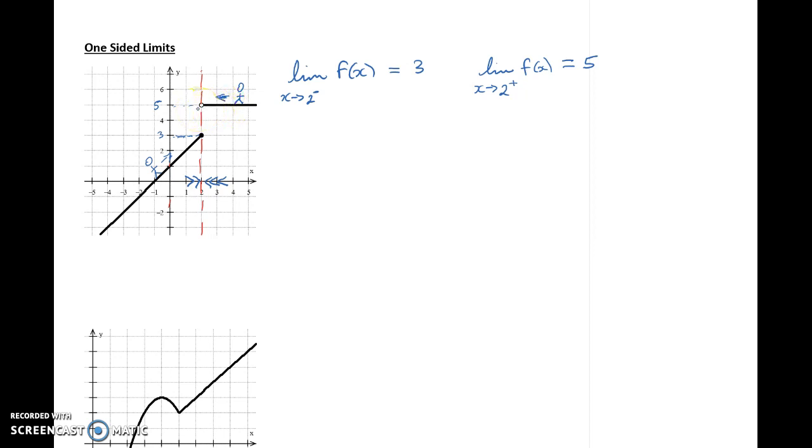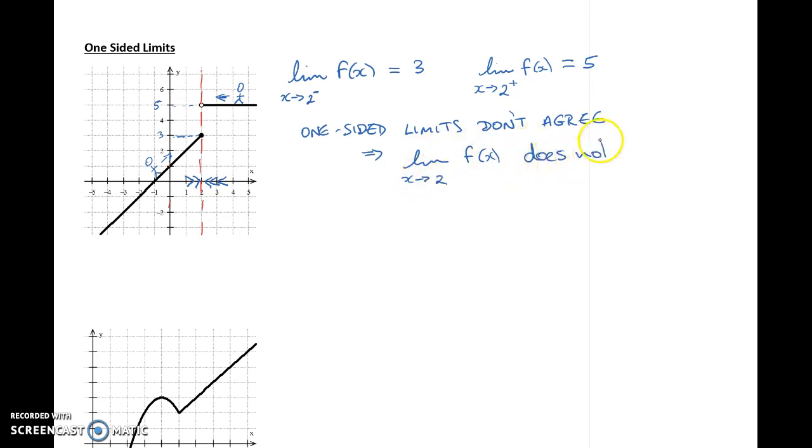Because the one-sided limits don't agree with one another, that means that the limit of f of x as x approaches 2 does not exist. So this is a case where you have one-sided limits that don't agree, and therefore the limit itself as x approaches 2 does not exist.